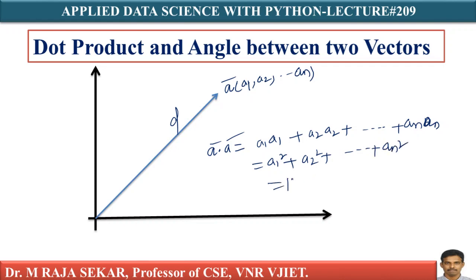That is essentially norm A whole square. This distance D means norm A. Norm A means under root of A1 square plus A2 square plus so on AN square.